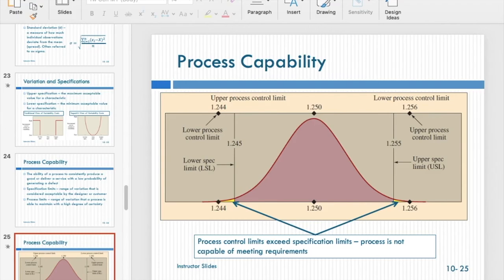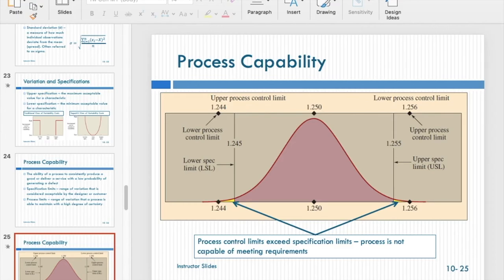In this example, if we assume that the standard deviation, based on the calculation, is 0.002, and we are trying to find the upper process control limit, you just use 1.250 plus 3 times the sigma, which is 0.002.